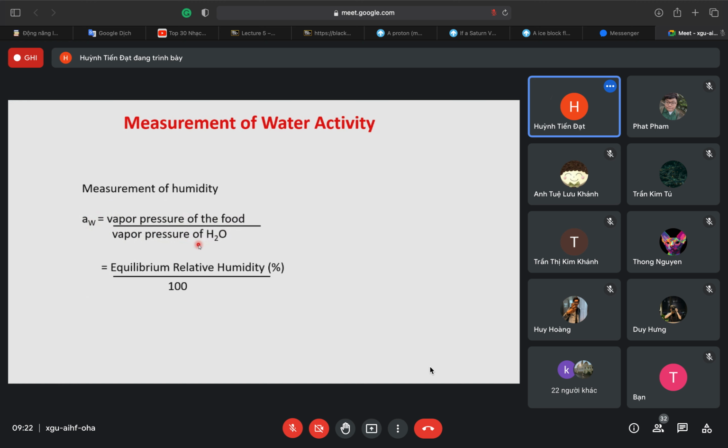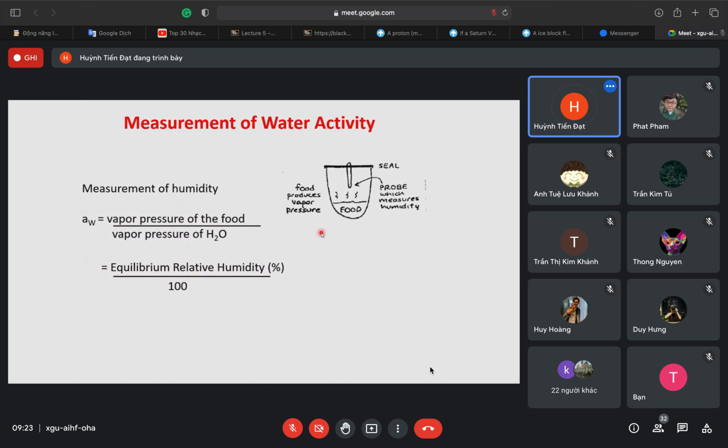We have the equilibrium relative humidity, with equipment ready to measure the relative humidity, and then we divide by 100. To get the equilibrium state, you need to put the sample in the equilibrium chamber so that it generates a stable relative humidity.